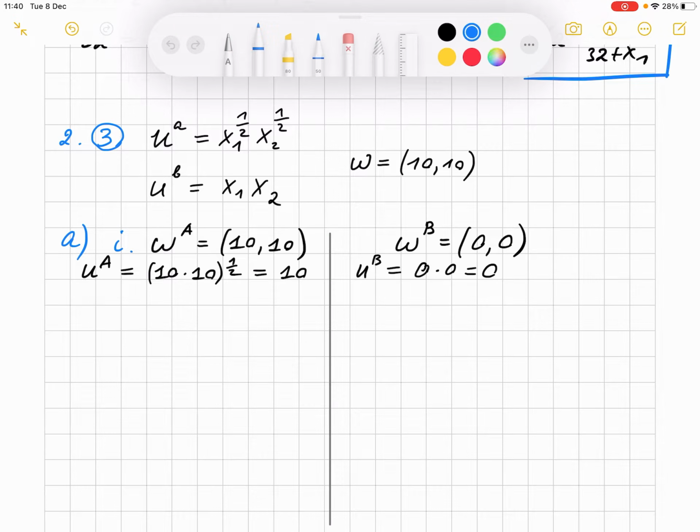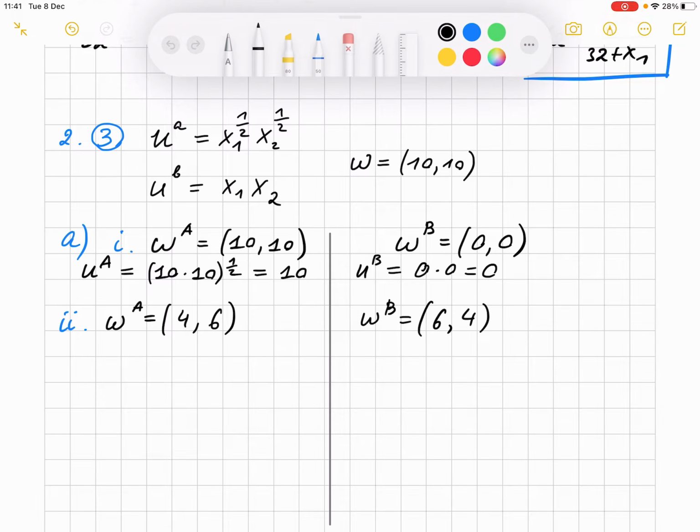Then we have the second case, where we have that agent A will have 4 units of first good and 6 units of second good. And so from here we can deduce what agent B is going to have. So it's 10 minus 4, it will be 6, and 10 minus 6 will be 4.